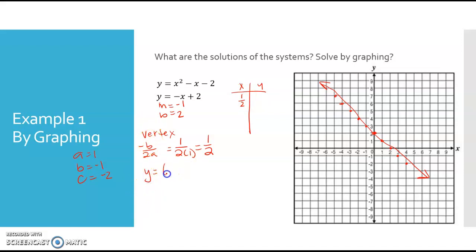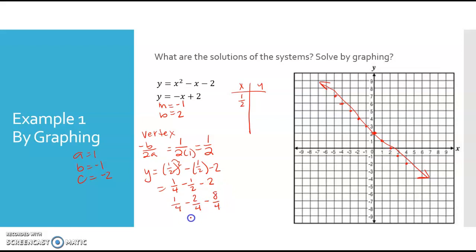So y equals 1/2 squared minus 1/2 minus 2. What I'm going to get is 1/4, because we square top, square bottom, minus 1/2 minus 2. I am going to change these all into fourths, so I have 1/4 minus 2/4 minus 8/4.